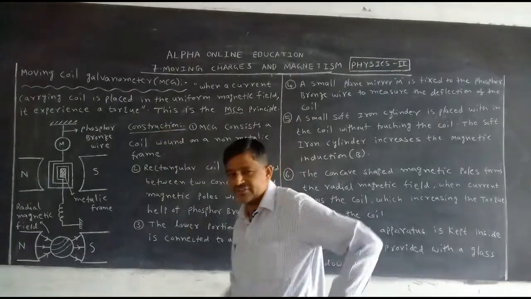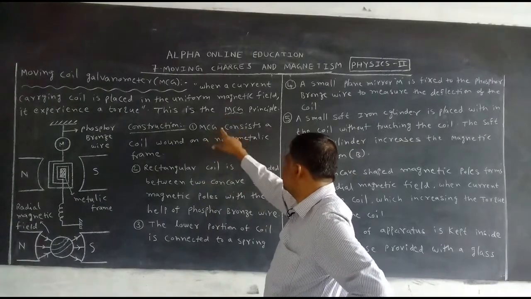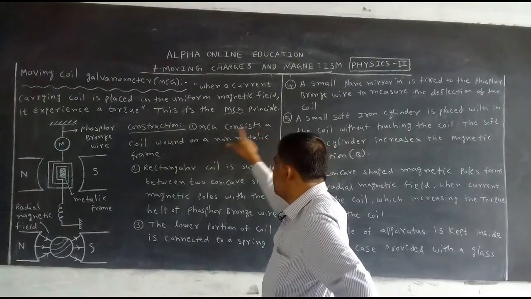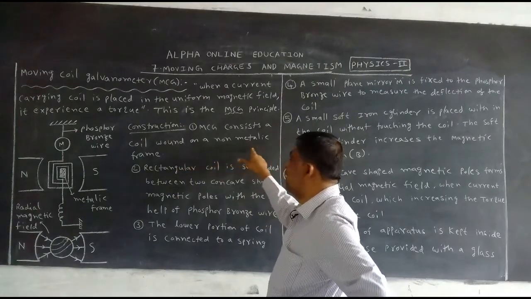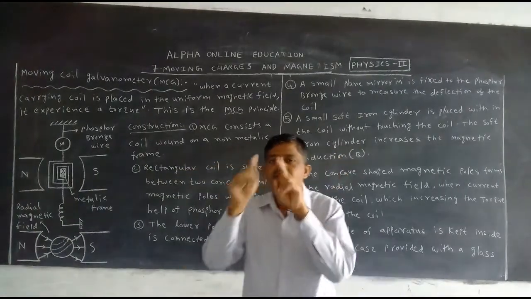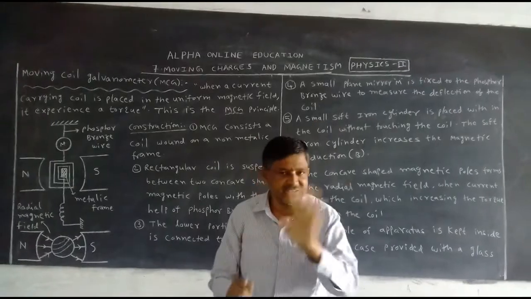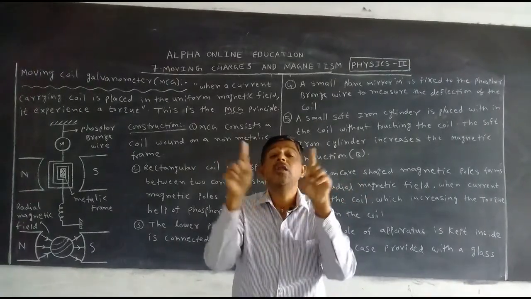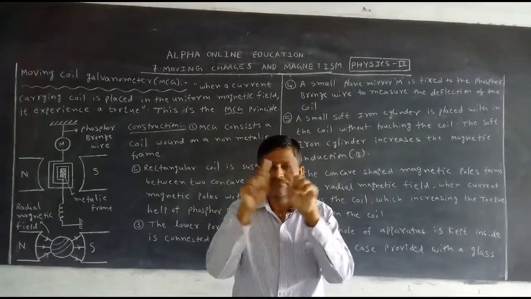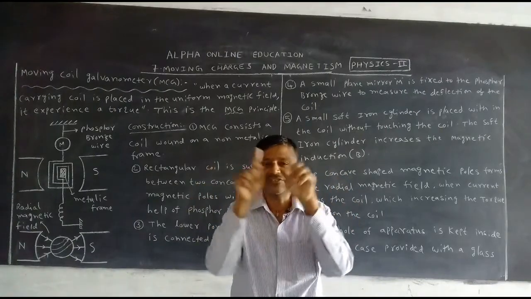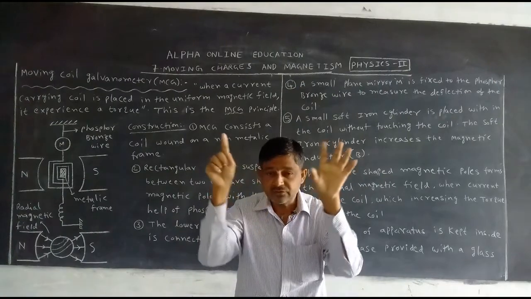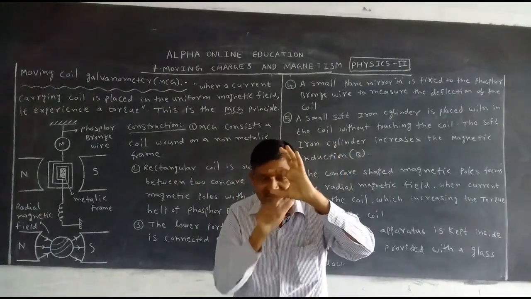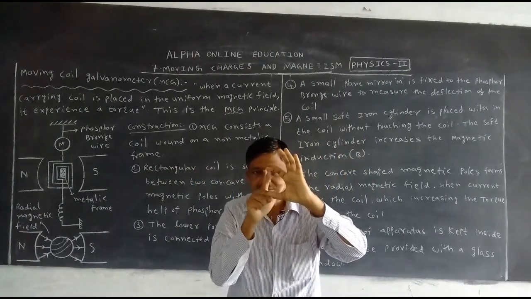Now the construction. MCG consists of a coil wound on a non-metallic frame. We want to take one frame. It is not a metal, it is a non-metallic frame, just like a photo frame, totally empty inside.